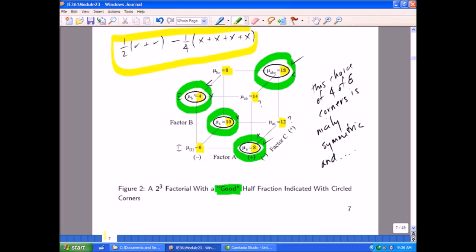This scenario, as a matter of fact, the 4 circled corners come from the standard way of choosing a half fraction.